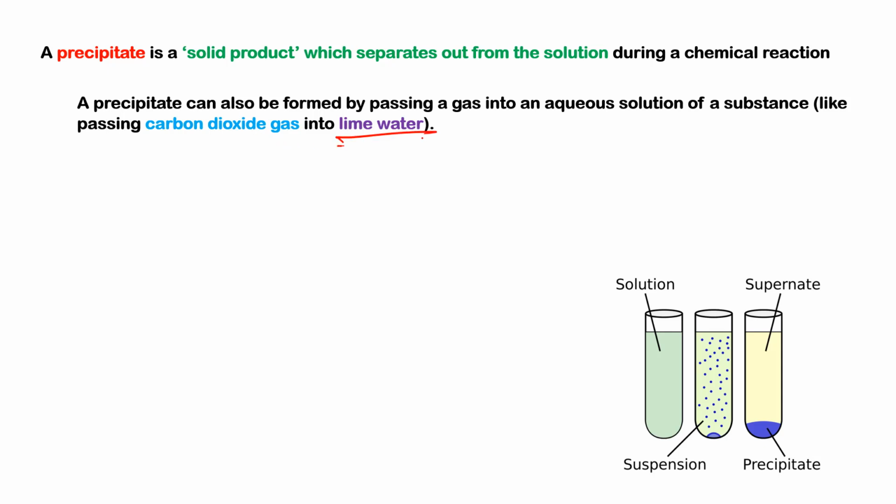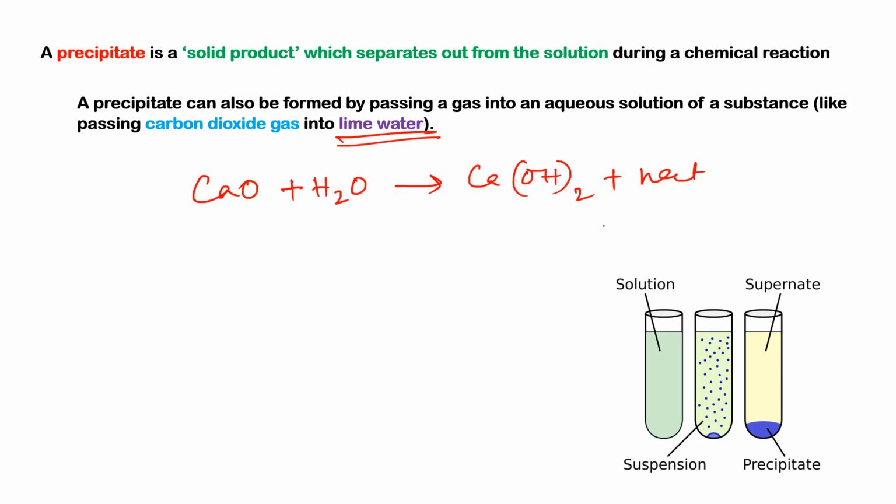Lime water. What is lime water? Lime, that means quick lime, is actually calcium oxide. Whenever it reacts with water, we get calcium hydroxide plus a lot of heat energy. Now, if you pass carbon dioxide gas to lime water, I am talking about calcium hydroxide, slaked lime.